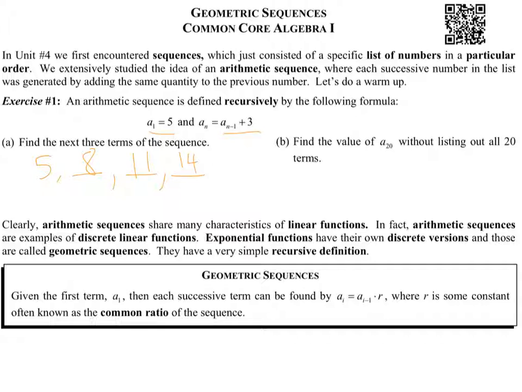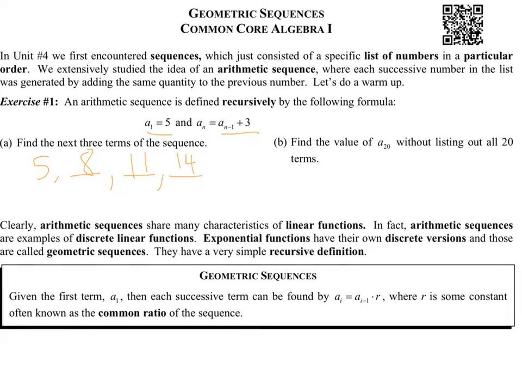Find the value of A20 without listing all 20 terms. So if our first term is 5, and our second term is 5 plus 3, and our third term is 5 plus 3 plus 3, then really what you're doing each time is you're just adding 3 each time, but by how many times?